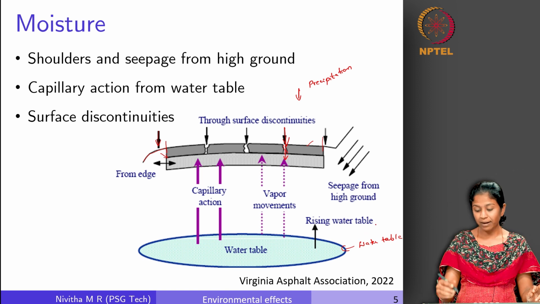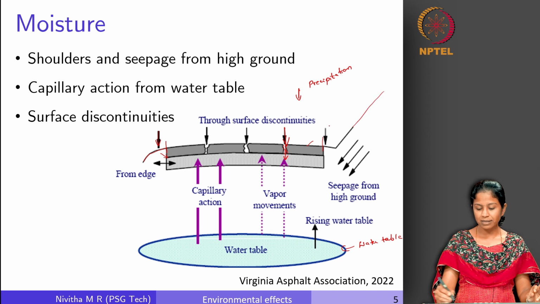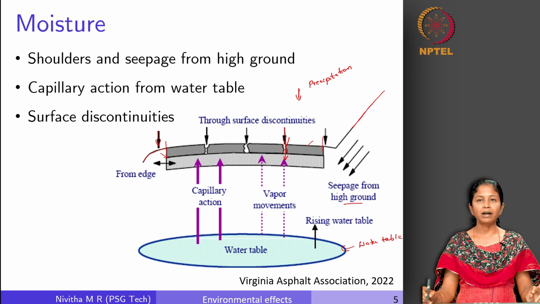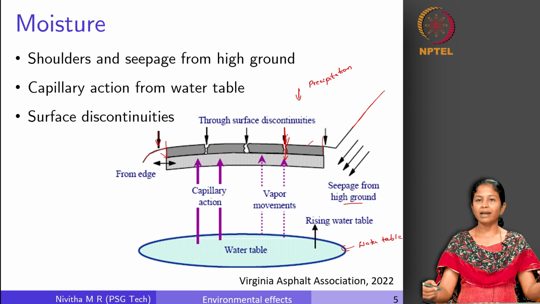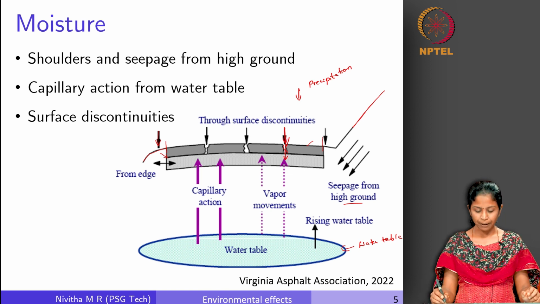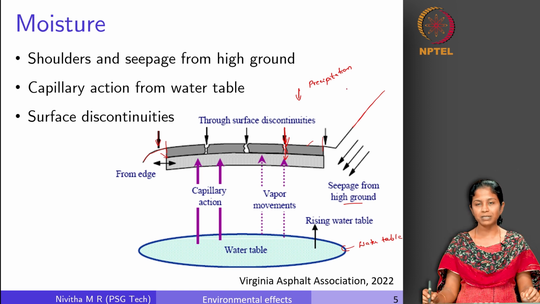Let us say we have a high ground nearby, this is a pavement, we have a high ground nearby. So, there is also going to be seepage from a nearby high ground. So, this is another source of moisture entry. So, one is vertical entry and another one is the lateral entry. So, this is for the rainwater, or because of the precipitation.